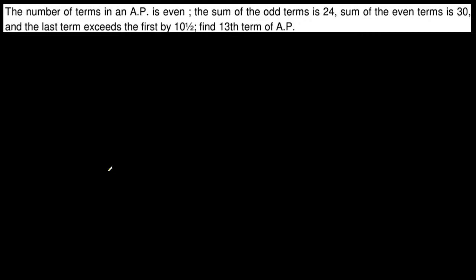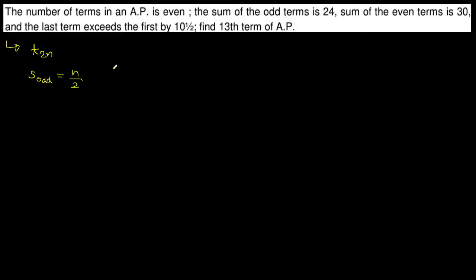I think this is the last question for the day. The number of terms in an AP is even, so we have 2n terms in AP. Sum of the odd terms will be n by 2.